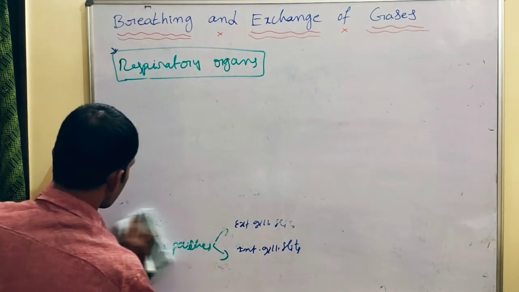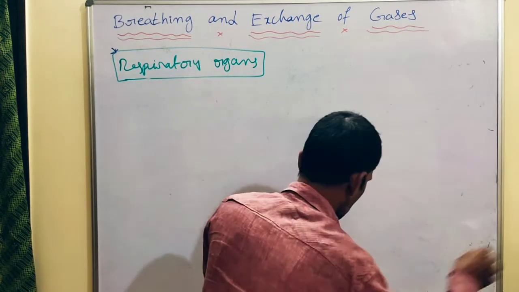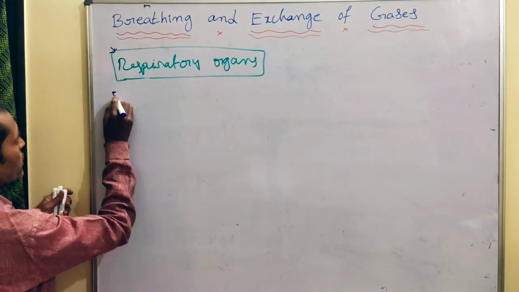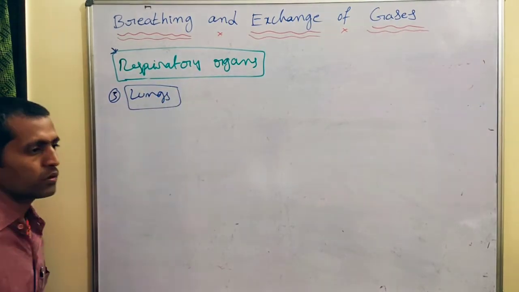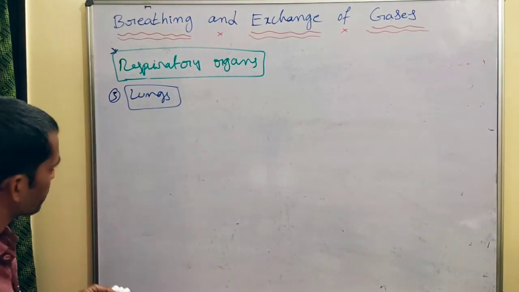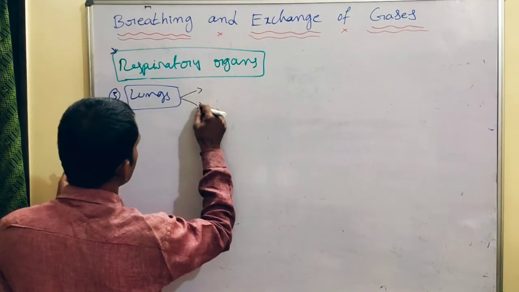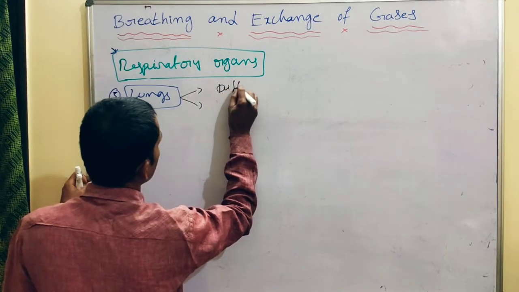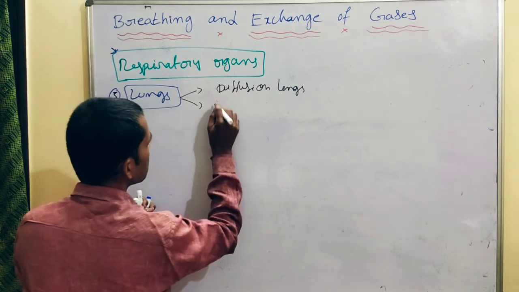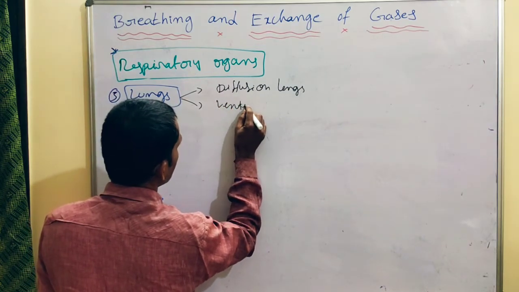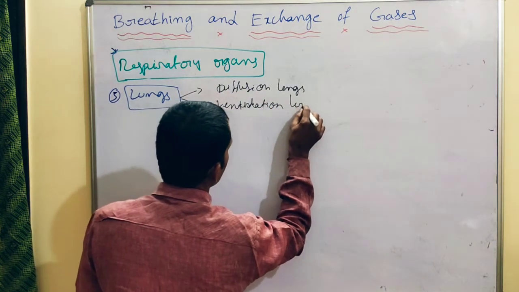Next, another respiratory organ in some other animals is lungs. The third one is lungs. There are two types of lungs: diffusion lungs and ventilation lungs.